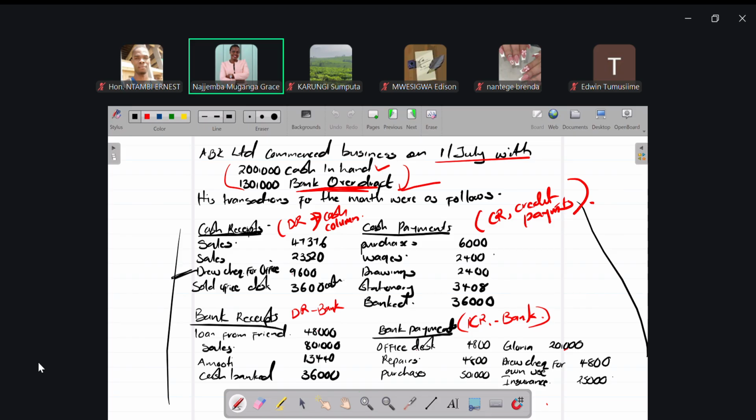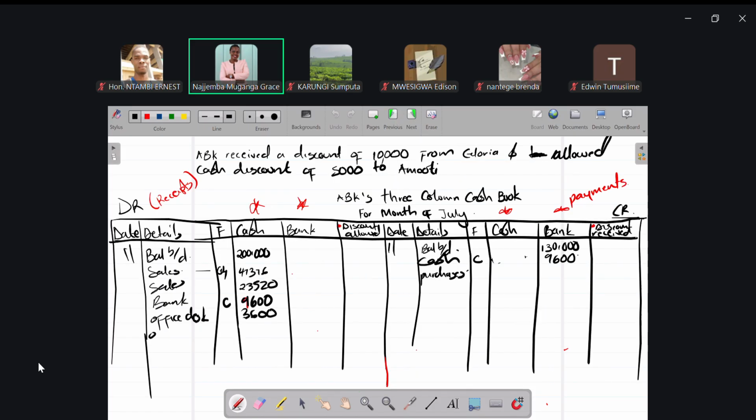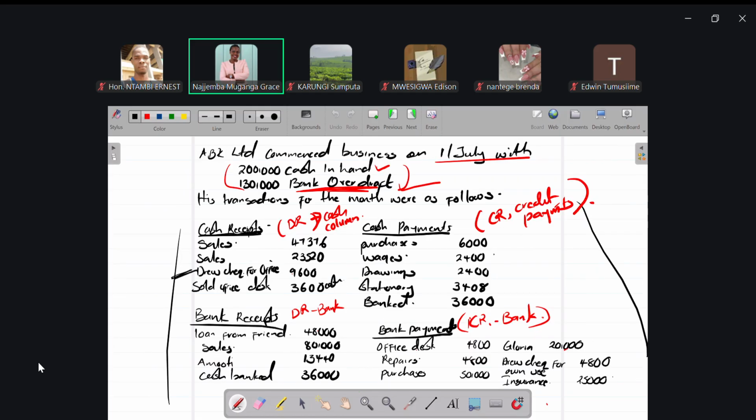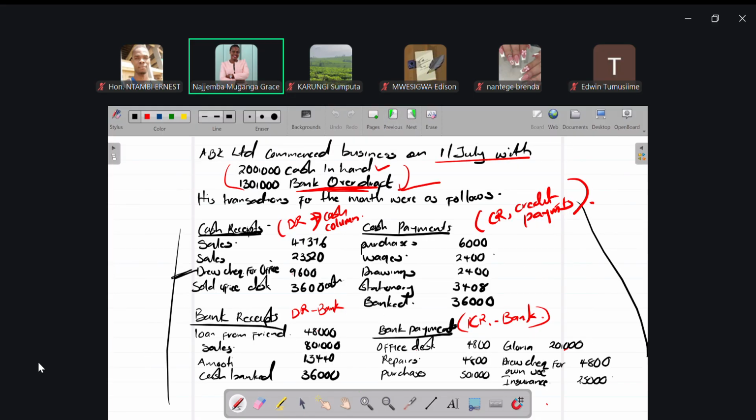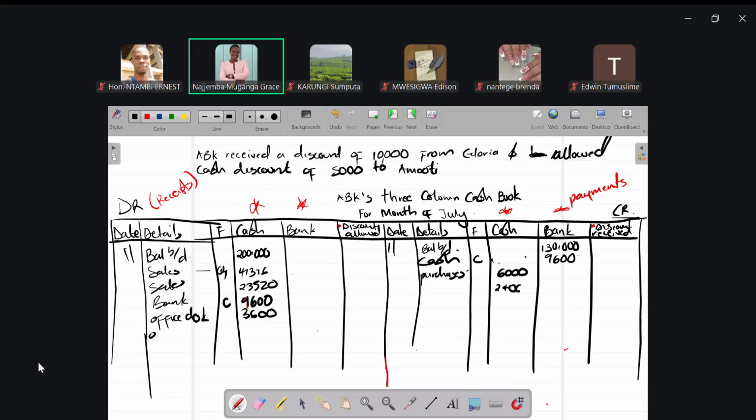Under cash payment, we have purchases of 6,000. And then we have wages of 2,400, still paid through cash.